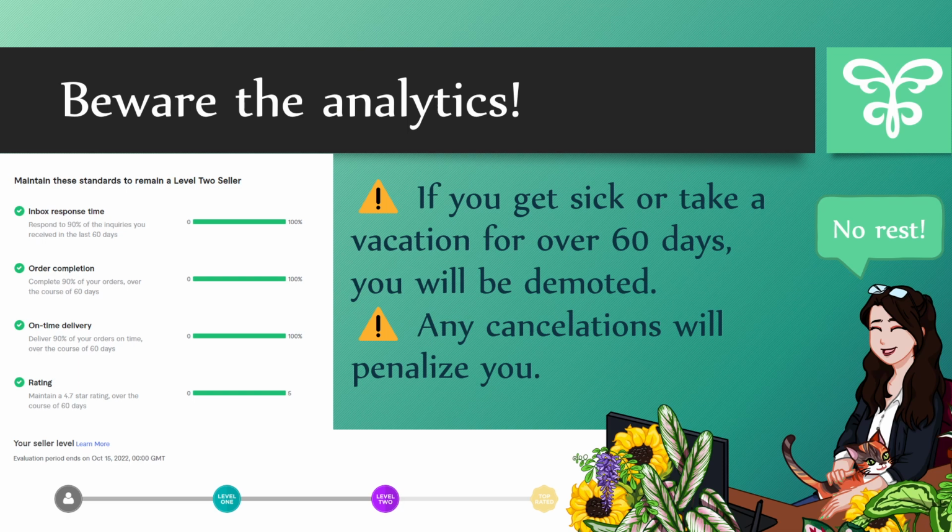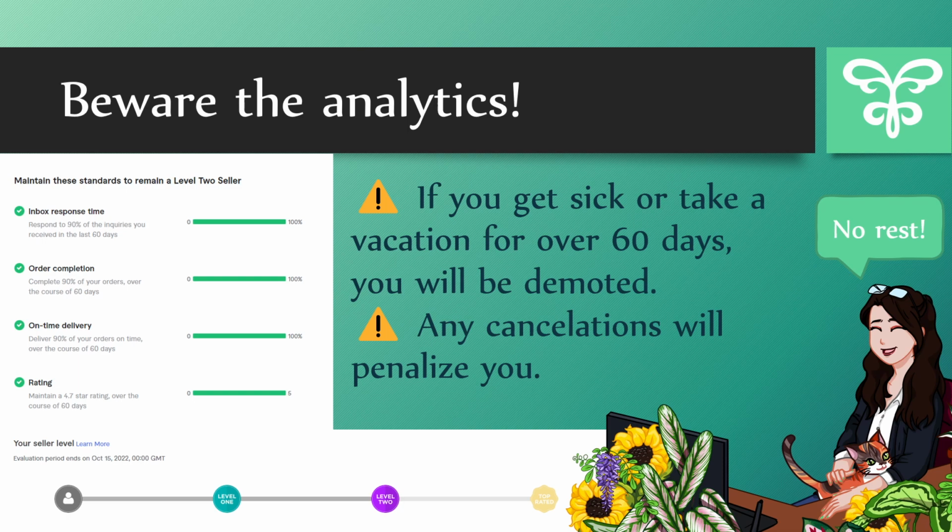I do want you to have in mind that if you get sick or take a vacation for over 60 days, you will be demoted because you need to be over 4.7 star ratings over a course of 60 days. And while I was at 5 stars for that time, I took a vacation for personal reasons.